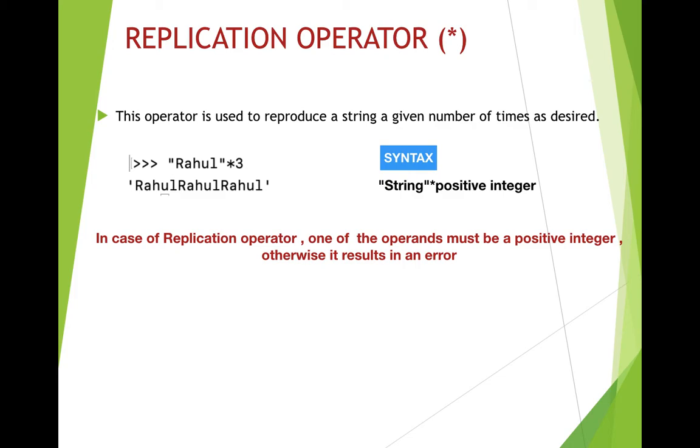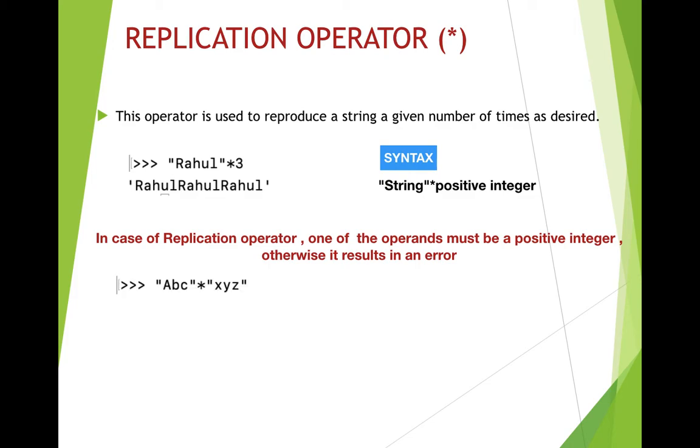Now, here is an important note related to the replication operator: one of the operands must be a positive integer, otherwise it results in an error. While using the replication operator, keep in mind that out of the 2 operands, at least one should be a positive integer, and it is a must, because otherwise it will result in an error.